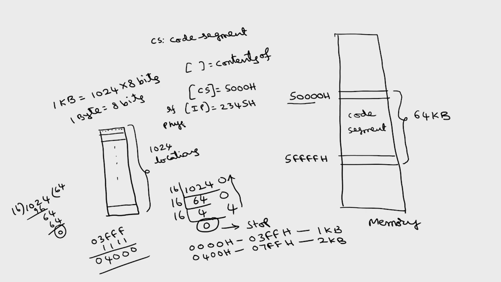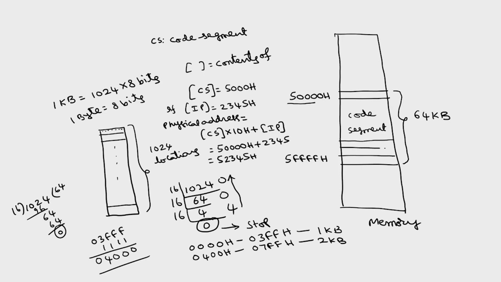Physical address is given by CS, the code segment contents, into 10H plus the contents of the instruction pointer. So this becomes 5000H into 10H, which means 50000H, plus the instruction pointer 2345H. So this will be 52345H.